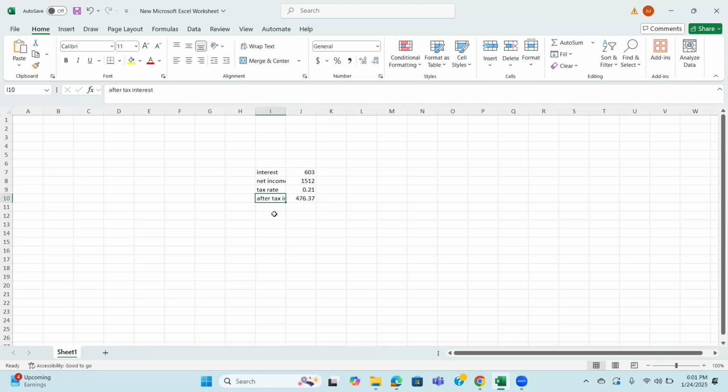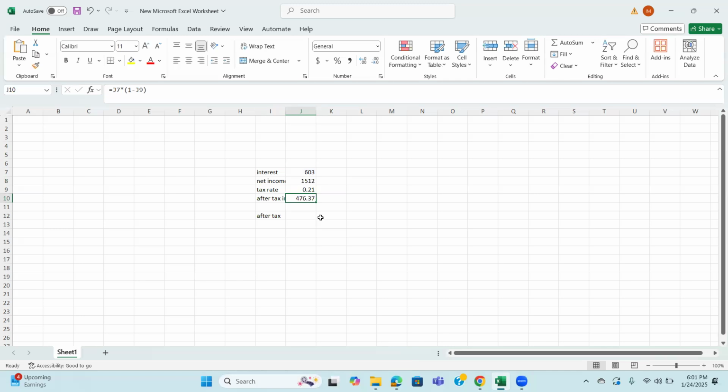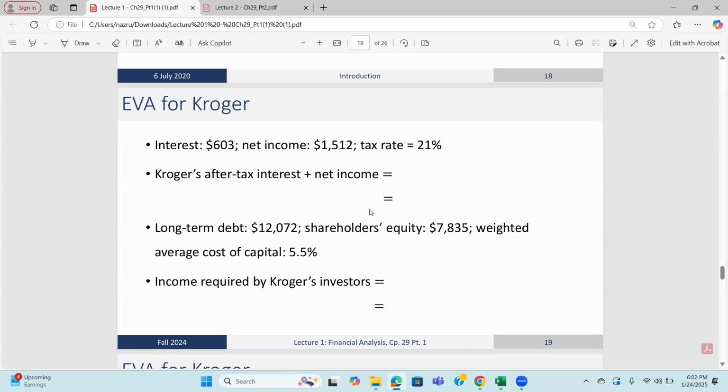So our after tax interest is 476. So we just click on this and we add net income. We have our net income, right? Thus we got the value for after tax interest plus our net income, right? So this is the answer for our first question.